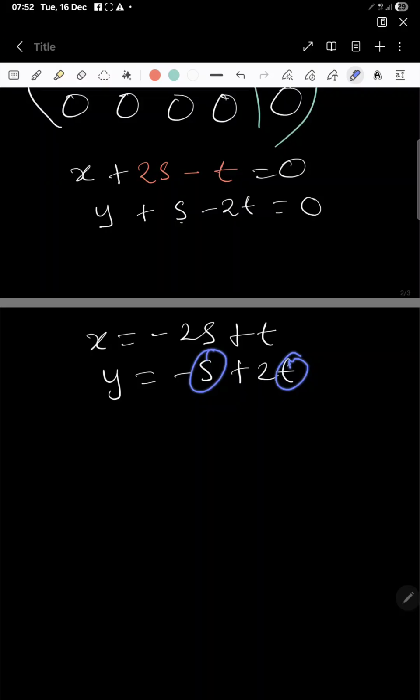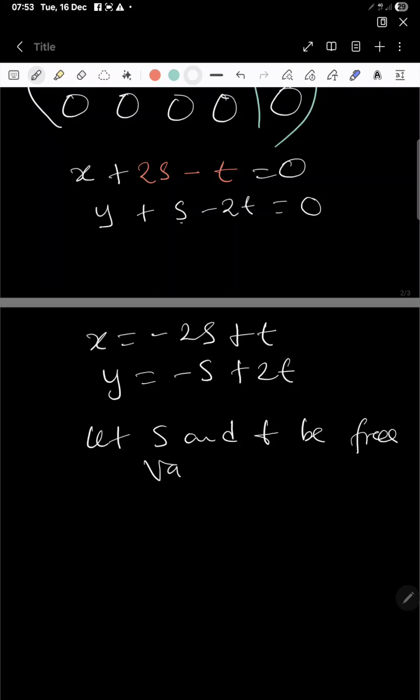So by doing so, you are going to say that let s and t be real numbers, or free variables, if you may like. If they are free variables, meaning that they can be anything in the real number system, we can let s be a and t be b.